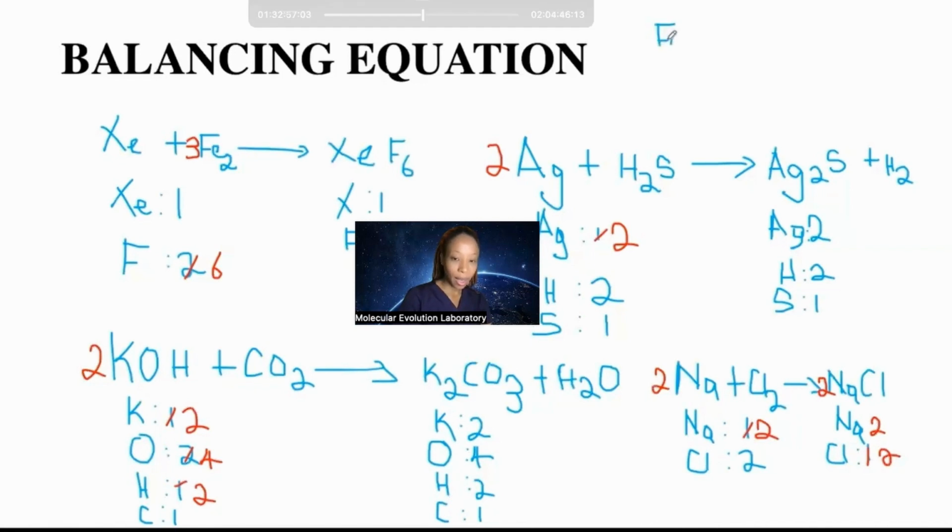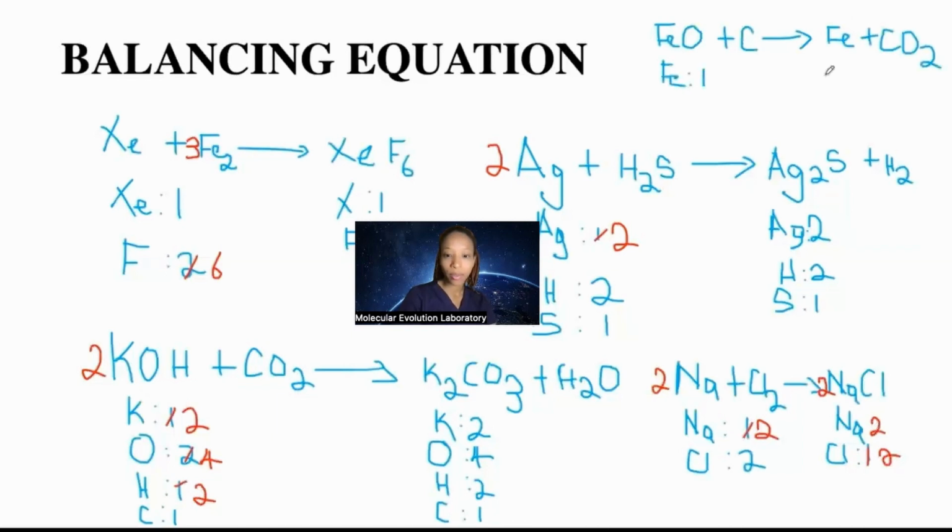Here we have ferrous oxide plus carbon, which basically gives you Fe and CO2. On this side, we have 1 iron.